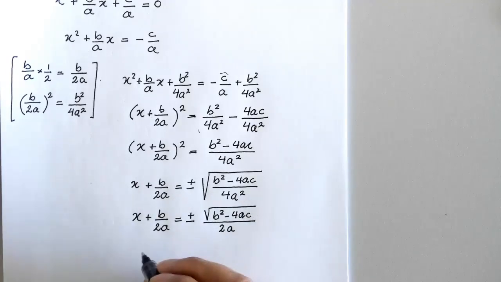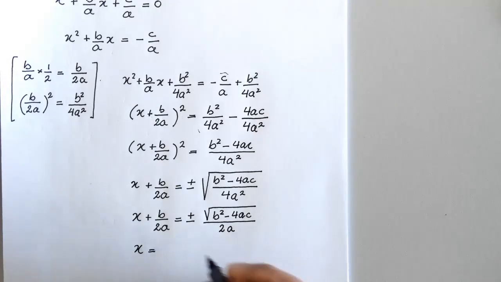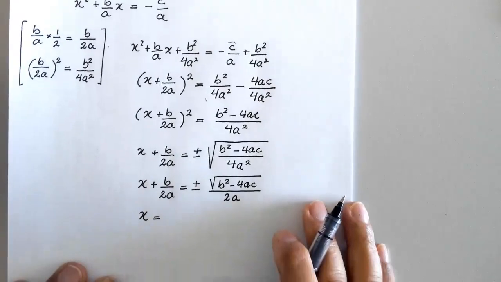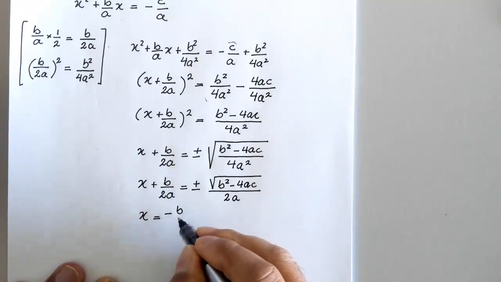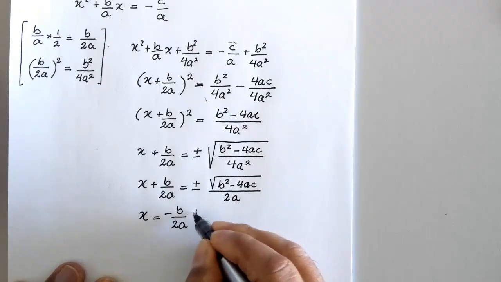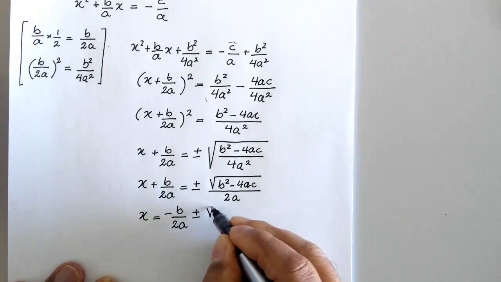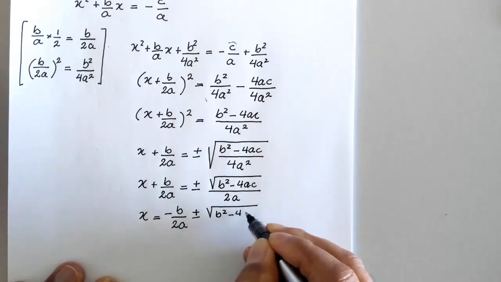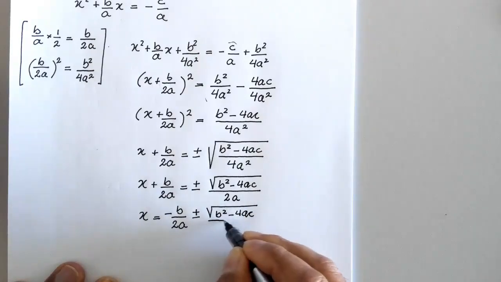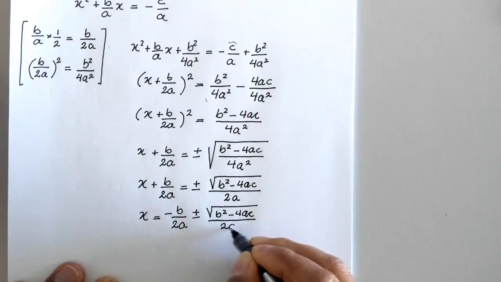Okay, and then we're going to move this over to the other side, so we're going to have minus b over 2a plus or minus the square root of b squared minus 4ac all divided by 2a.